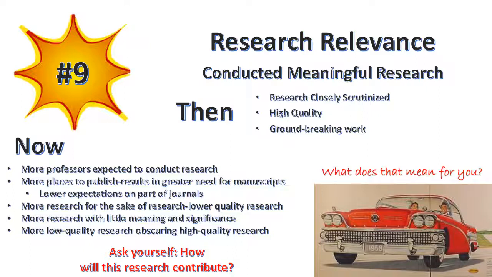Basically, it's research for the sake of research. And so it's really low quality stuff. Small sample sizes, questionable methodologies and strategies, and the results are, I hate to say it, pretty meaningless or have very little meaning or significance. The result of that is that this low-quality research really obscures the high-quality research that is being done out there.